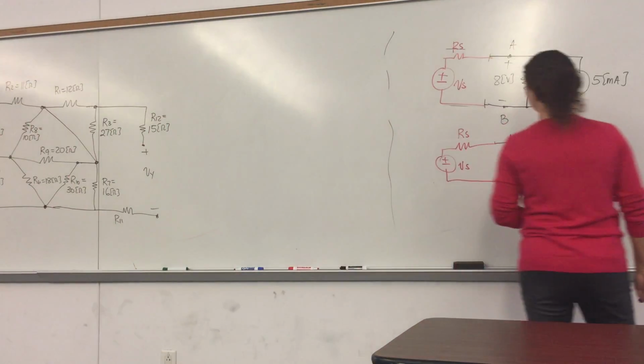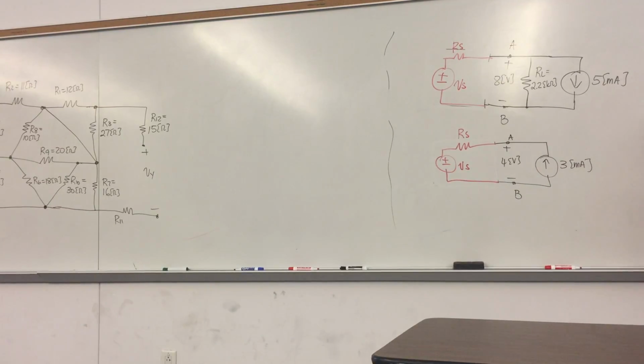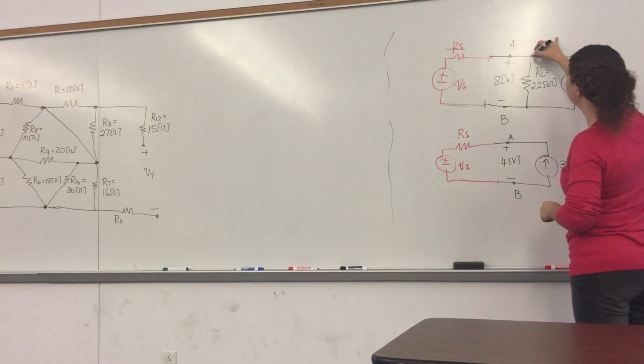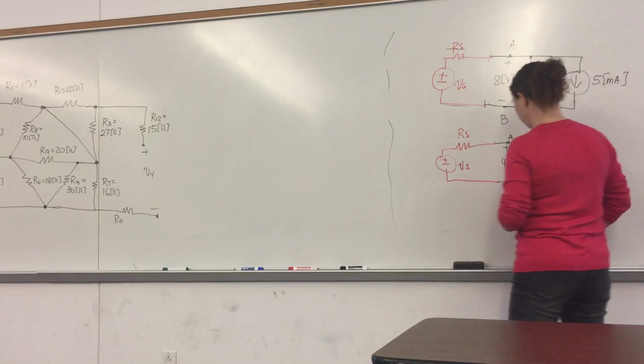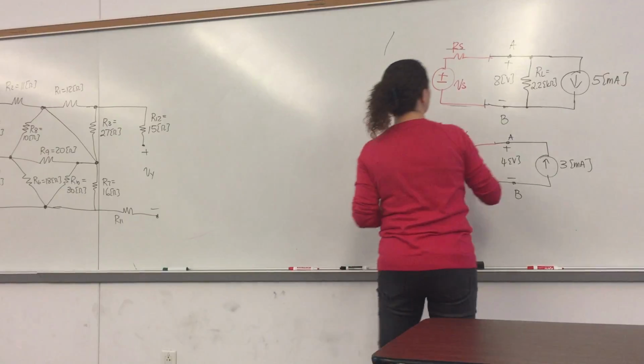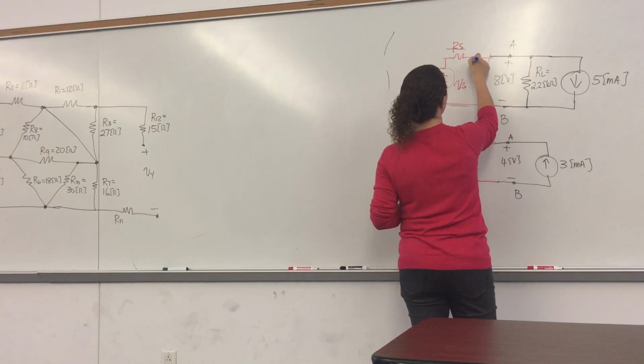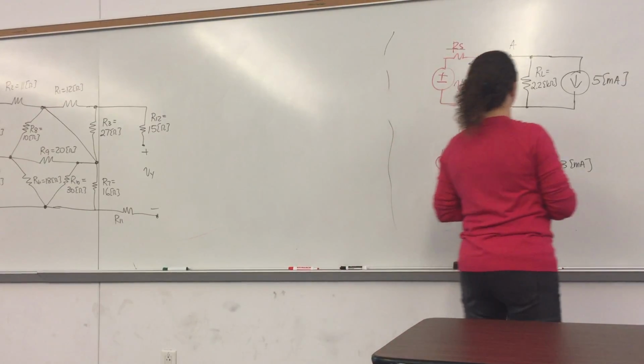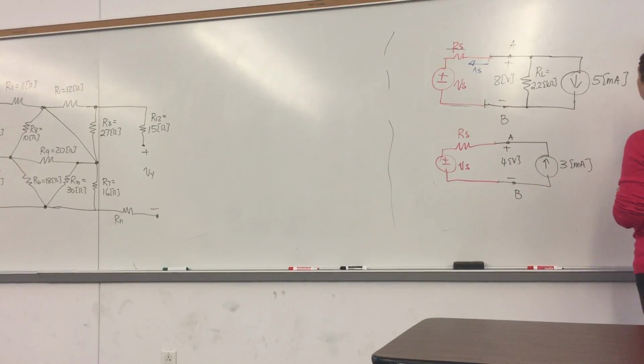Now the equations. What do I get out of this? What can I write here? Write a KCL and a KVL. I can write a KCL equation here, right? Okay, so then let me define a current. So let's define this current. Do I have anything? IS? No. KCL gives me what? IS plus 5 milliamps plus what else?